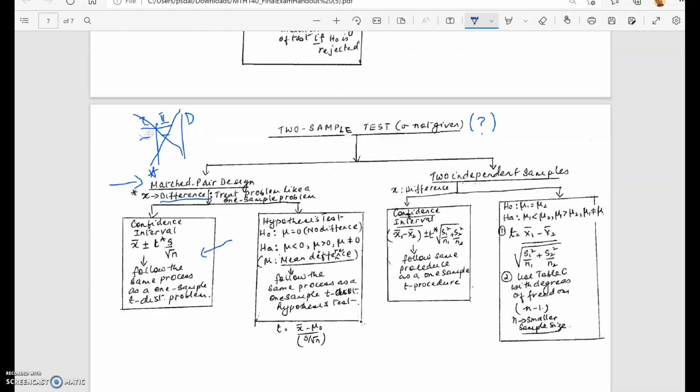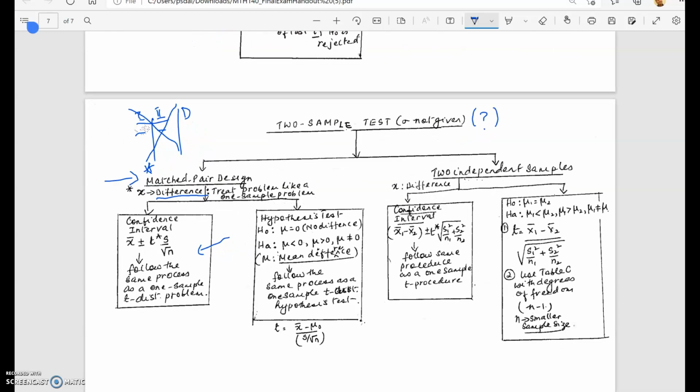When it's a single sample problem, we have only one mu, and mu equals 0 is always the H0. But the HA could be mu less than 0, mu greater than 0, mu not equal to 0, depending on the problem.